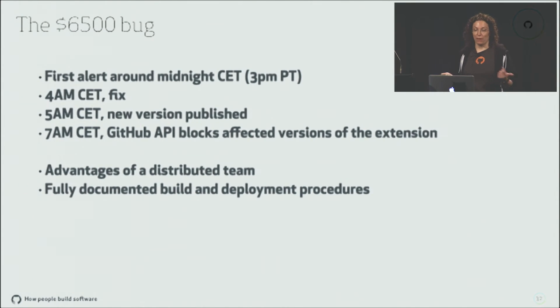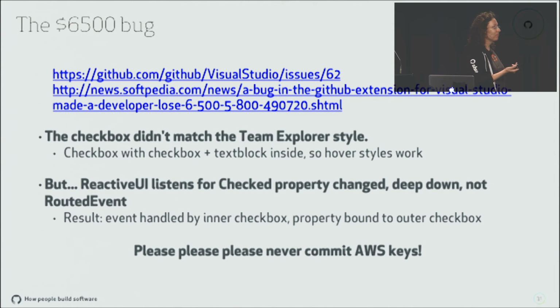I wake up and look at my phone and see things. So basically, a developer in South Africa had a repo with an AWS key. He committed that to the repo and then pushed through the Visual Studio extension and checked the little checkbox that says, make this a private repository.